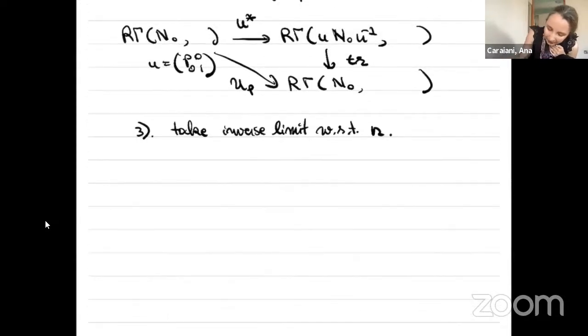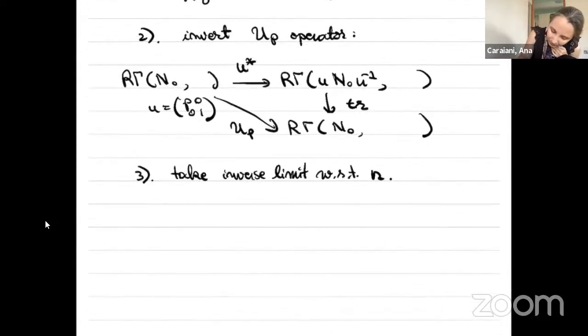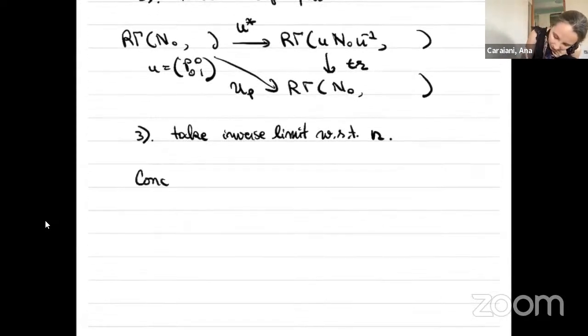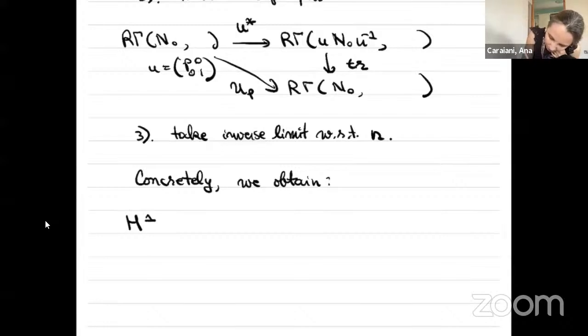Okay, so concretely, the object that you get, I'm going to call it H1 tilde with compact support ordinary. So this is what is going to be ordinary completed cohomology.